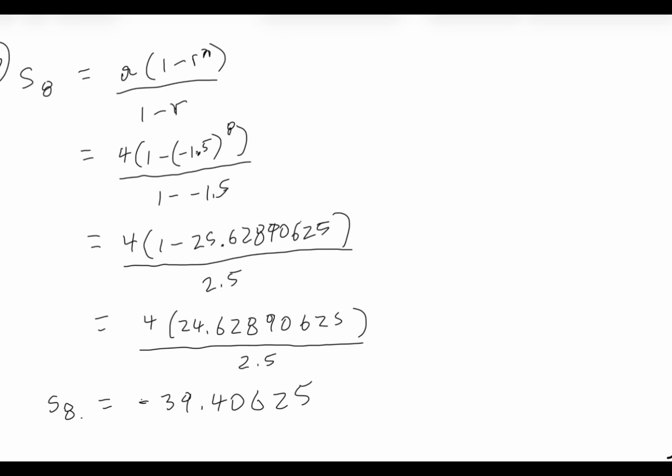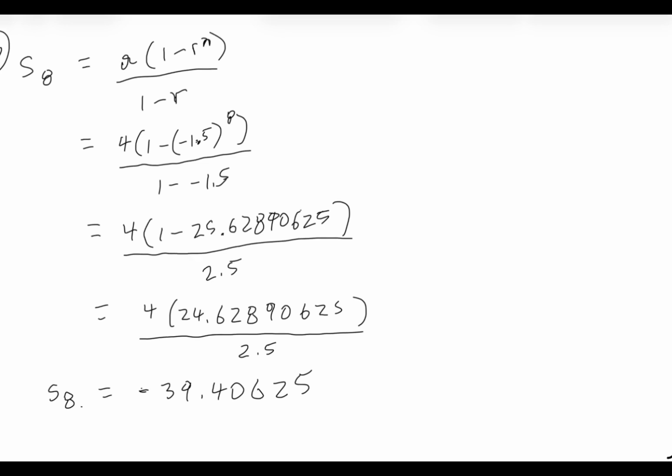So that's equal to 4 bracket 1 minus -1.5 to the 8th power all over 1 minus -1.5. That's equal to 4 bracket 1 minus 25.62890625 over 2.5, which is 4 times -24.62890625 all over 2.5. So S sub 8 is equal to -39.40625.